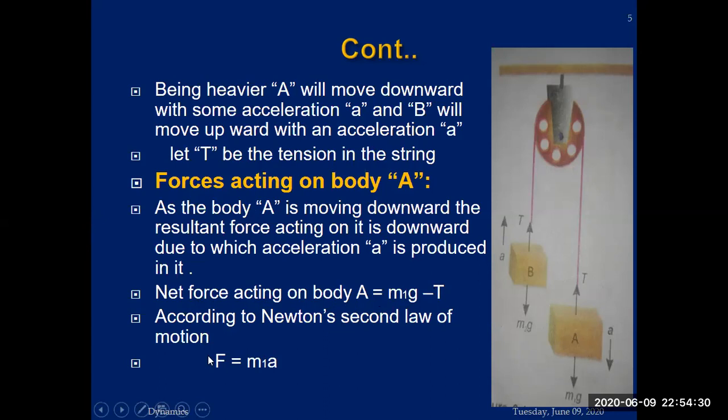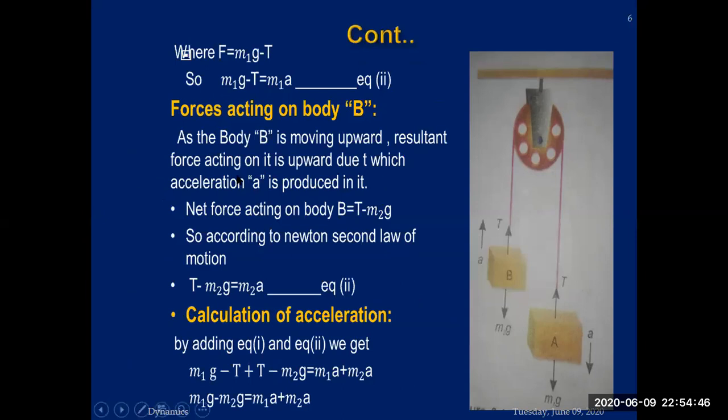According to Newton's second law of motion, F is equal to ma. This is the formula to calculate force on a body of mass m. When this mass is moving up or down, it must have some acceleration. So you will use the formula of Newton's second law of motion to calculate force. So here, because the body is moving in downward direction, the weight is plus, and minus because it is moving against tension, you have to take a negative sign.